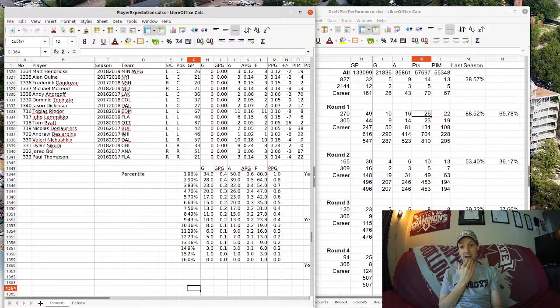For GMs to say that they're trying to pick up a defensive defenseman, in an ideal world you would be constantly getting first-line centermen or maybe high-end producing wingers.